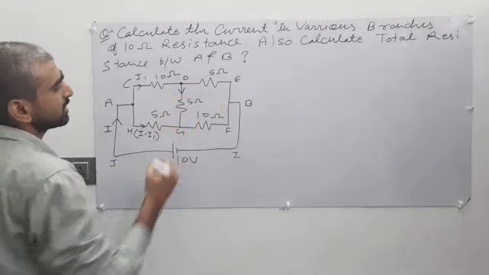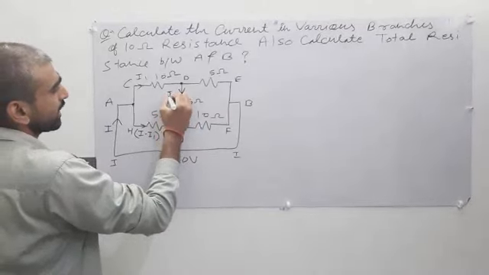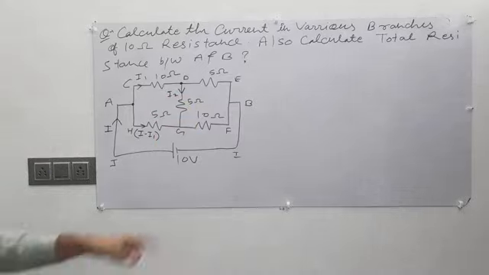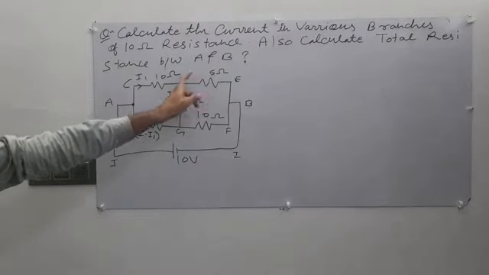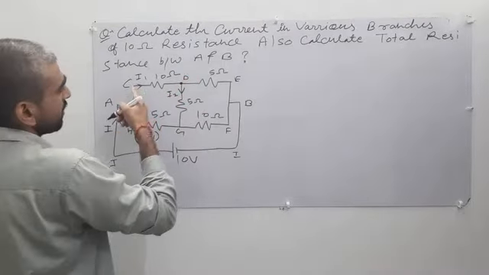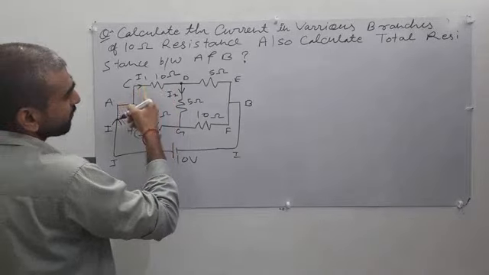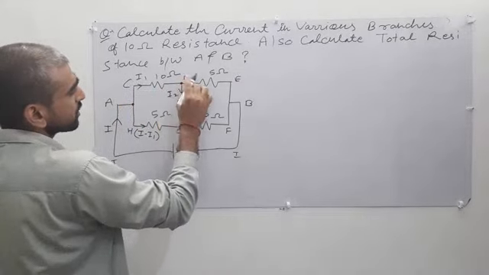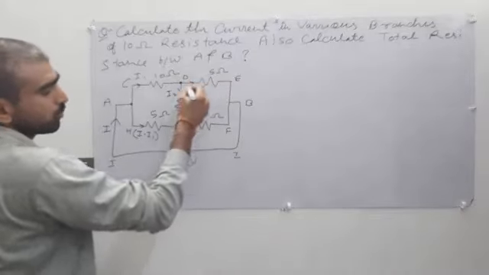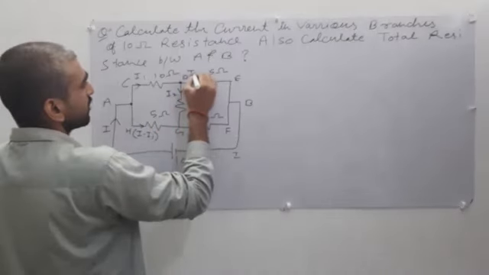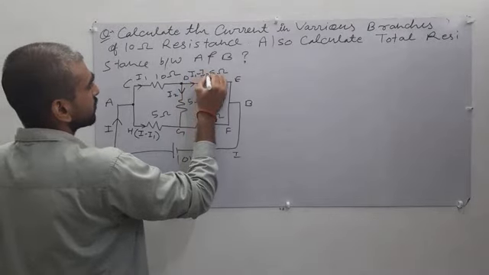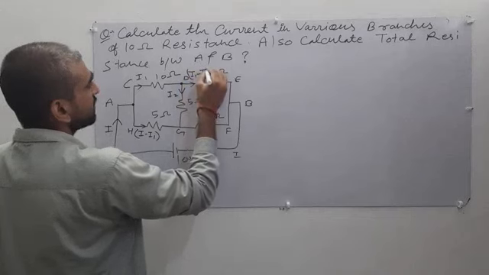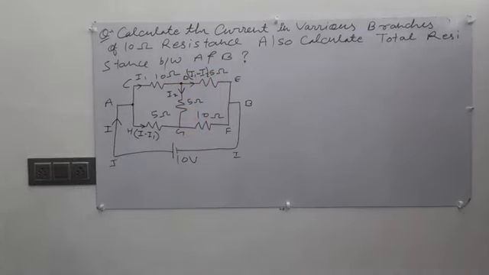We assume in this branch the current is I2. Then what is the value of current in this branch? Because this current came from the input and these two currents are output currents, the current is I1 minus I2. Okay, any problem?